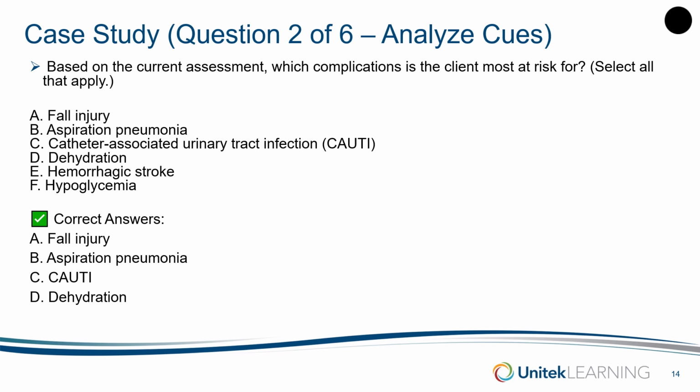Okay, hemorrhagic shock and hypoglycemia are less likely given the current findings. So again, it always goes back to what is your assessment? What have you been told in the beginning or additional information that comes along the way? But right now, these are your risks: fall injury, aspiration pneumonia, CAUTI, or catheter-associated urinary tract infection, and dehydration.